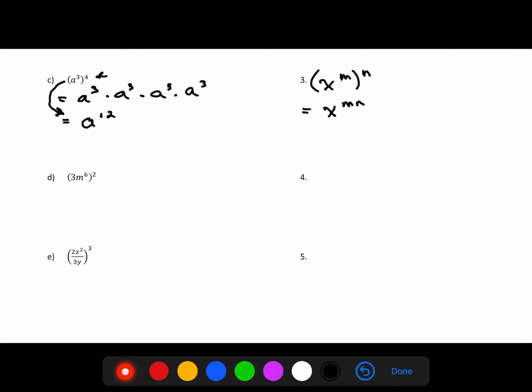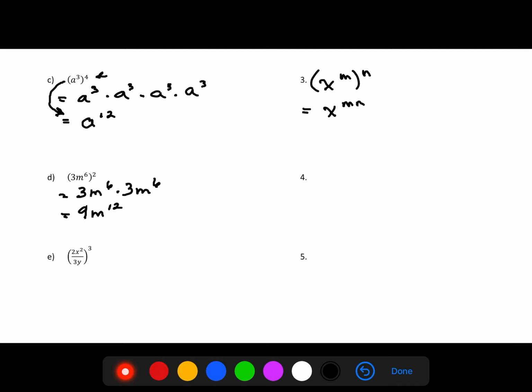Well, part D, we have the same idea. So the squared outside means that we're going to have 3m to the 6 times 3m to the 6. And when we multiply our terms, we multiply our numbers. So we get 9. And we add our exponents.